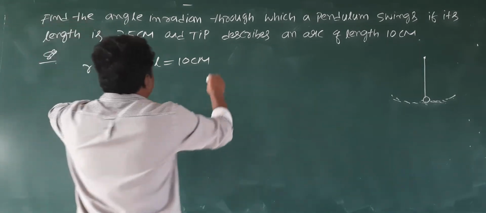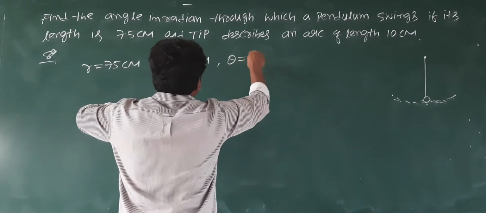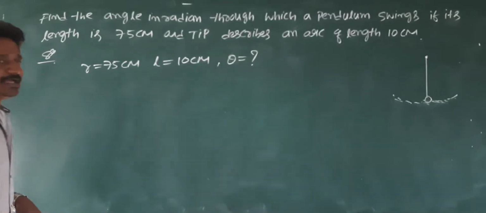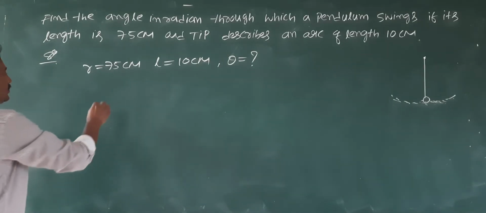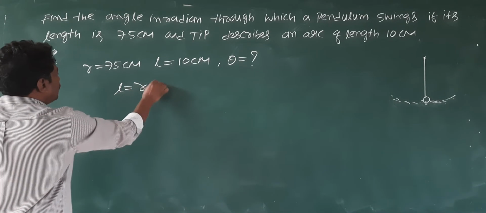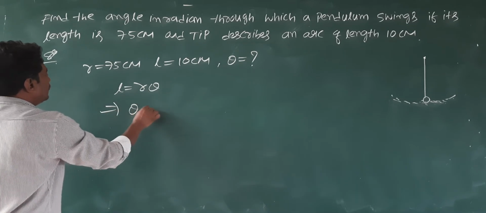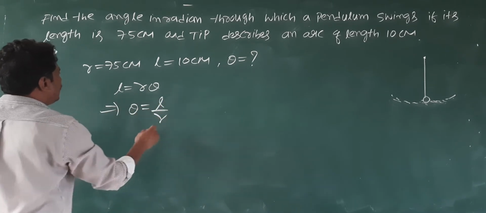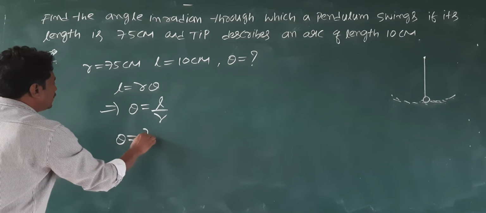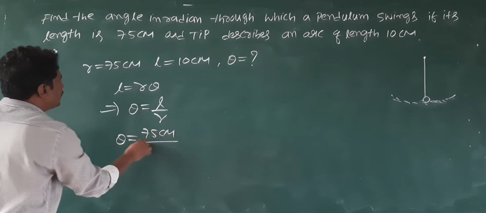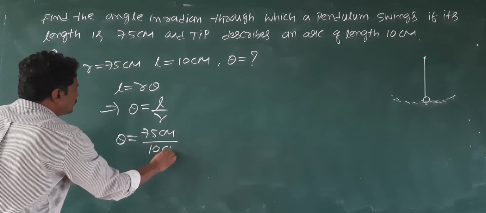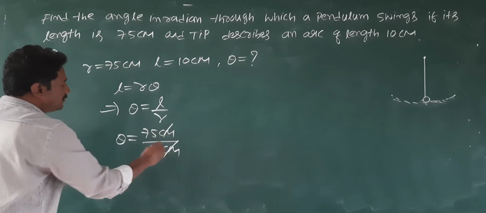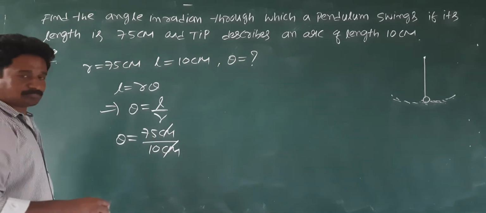So theta required. L equals r theta. From this, theta equals L by r. So theta equals L by r, and the centimeters cancel.